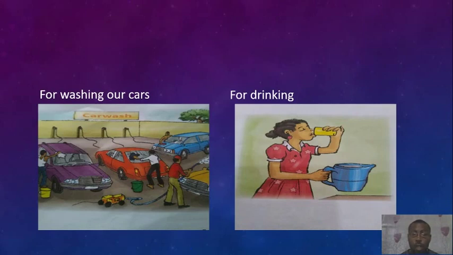Now the next one, we also drink water for our own consumption. We need it for our own survival. You can see from the image there, the girl is drinking water. It's very important that we drink water, because if we don't, our throat would be dry. So we consume water.